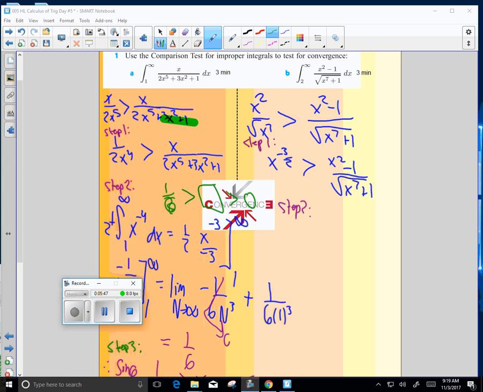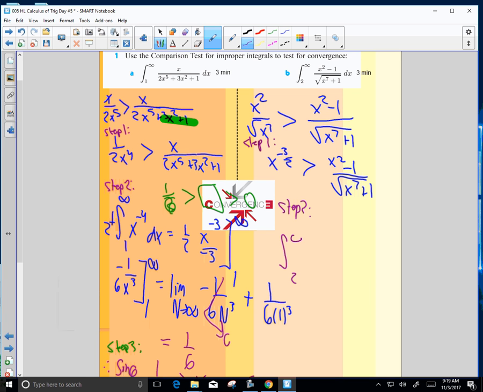So it looks something like this. The integral from 2 to infinity of x to the negative 3/2, which will be x to the negative 1/2 times negative 2/3, going from 2 to infinity. Oh, yeah, negative 2 because of the, yep.